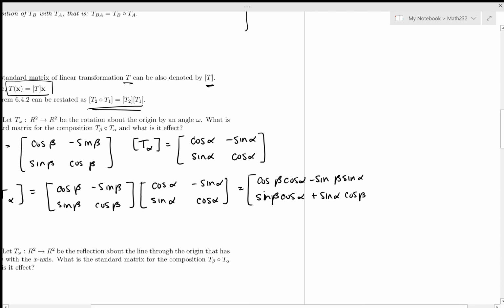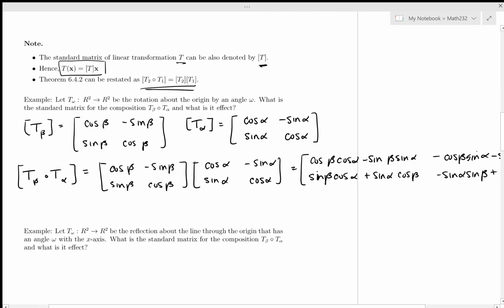Okay, let's get the next two entries here: minus cos beta sine alpha minus sine beta cos alpha, minus sine alpha sine beta plus cos alpha cos beta. There it is.